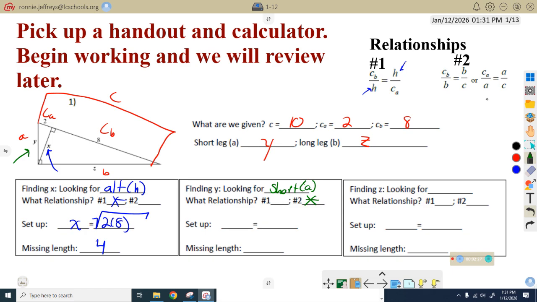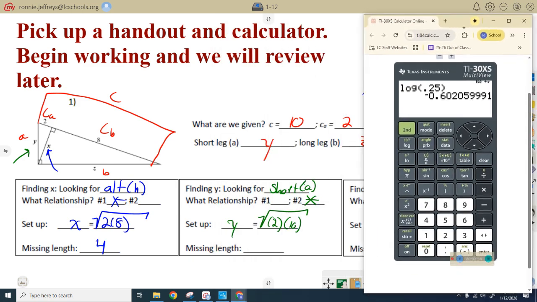So we're actually going to use this one right here. Which means that our Y is going to be our C sub A times the whole big thing, which is 10. Because how do I know that? Because that's the formula.